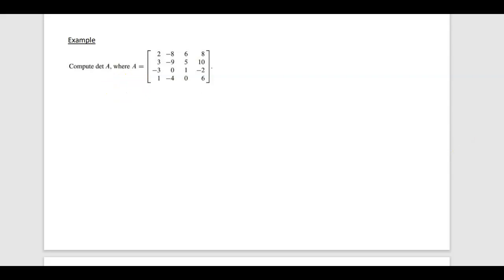Now notice the first row does have a factor of 2. So let's go ahead and take out a 2 and then divide that top row by 2. Everything else stays the same. I don't see any other common factors of any other rows, especially some of these with zeros in them.